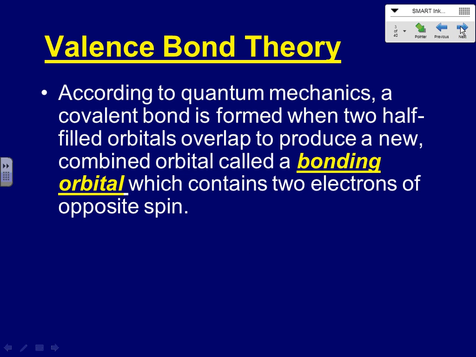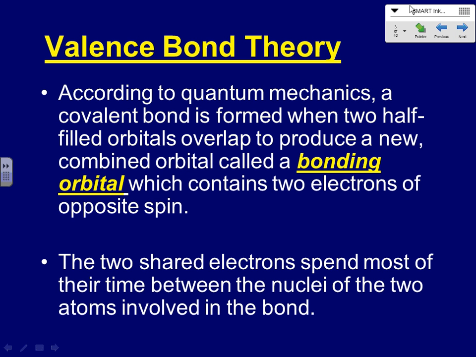Now, to bring this in line with our quantum view, the theory that we use to explain what happens to orbitals is called the valence bond theory.